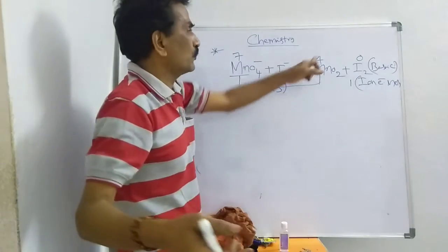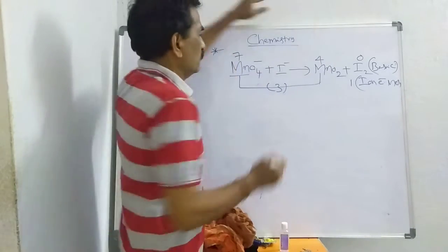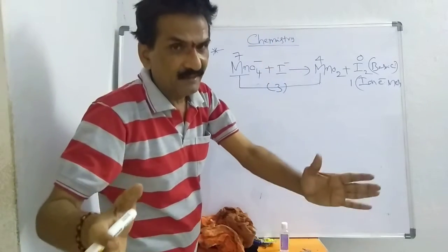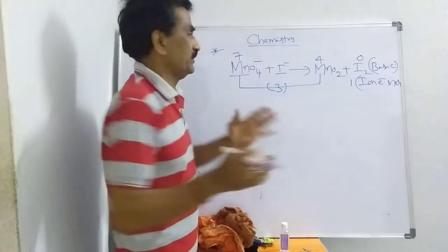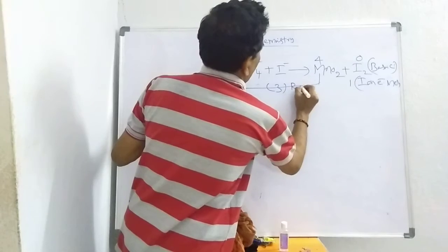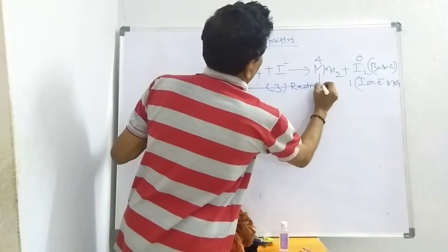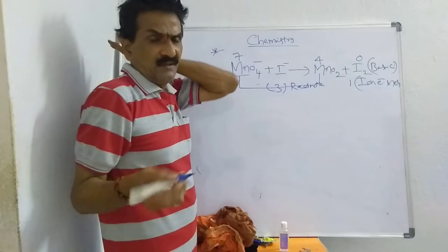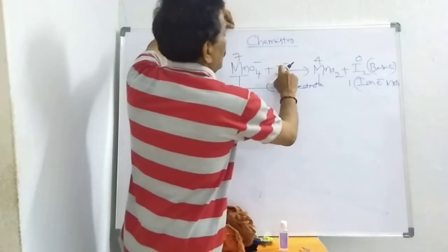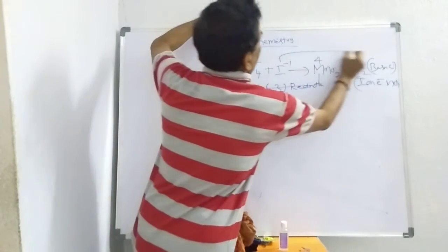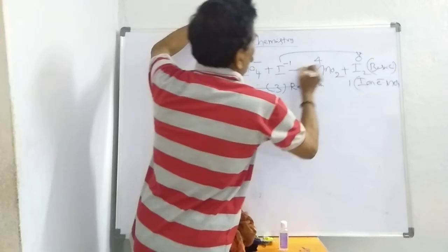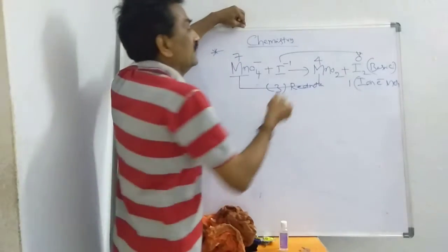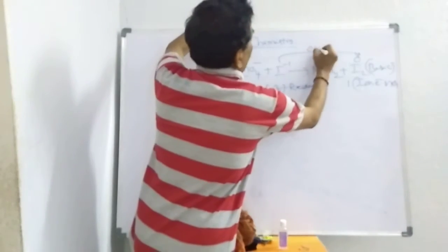You know very well, if oxidation number decreases, that is nothing but reduction. You have many definitions of oxidation and reduction. Here minus 1 to 0, the oxidation number increases by 1 unit. That is nothing but oxidation.